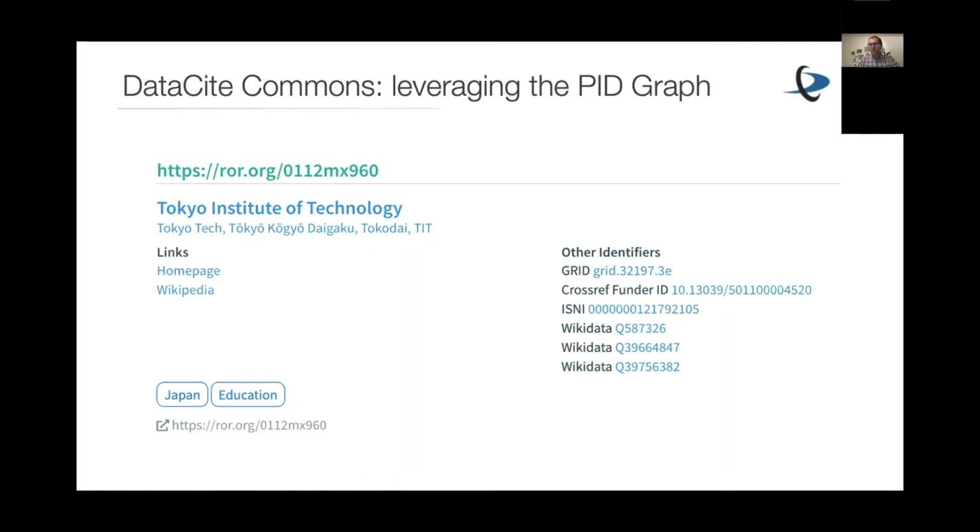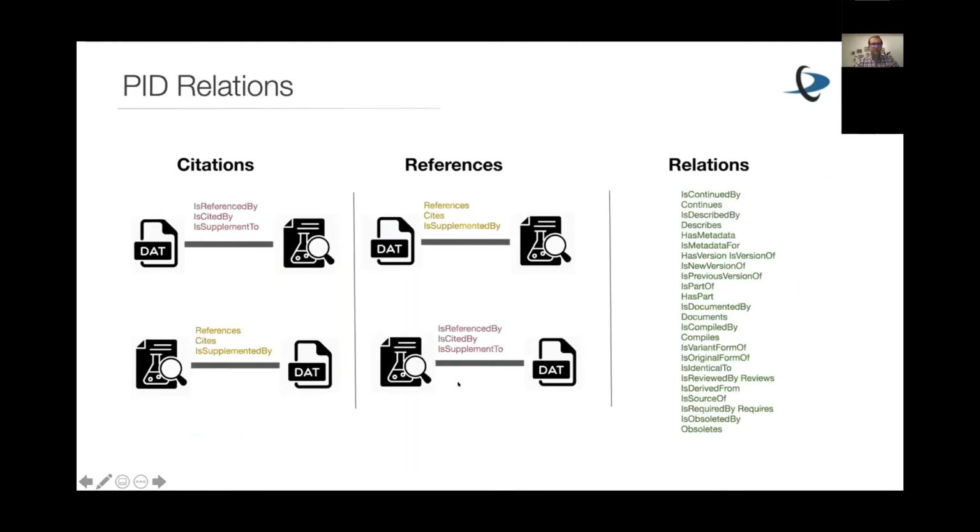What is powerful about this is that it is possible to do one single API query to generate all of this information. The PIDs and the relationships, so we typically look at citations and references. And so typical citations are, if it's referenced by, it's cited by, it's supplement to, so a data set to a publication.